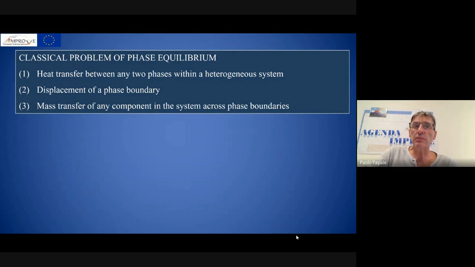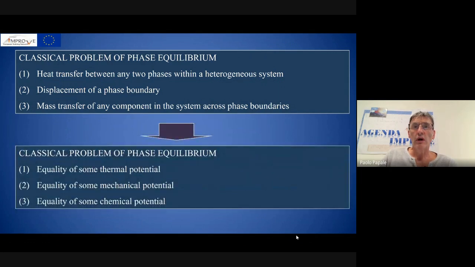When is such a special condition of equilibrium achieved? Mass and energy flow as a response to differences in some quantity. For example, heat flows as a response to a difference in temperature. Phase boundaries are displaced as a result of a difference in pressure, or force per unit surface, on the two sides of the interface which is being displaced.